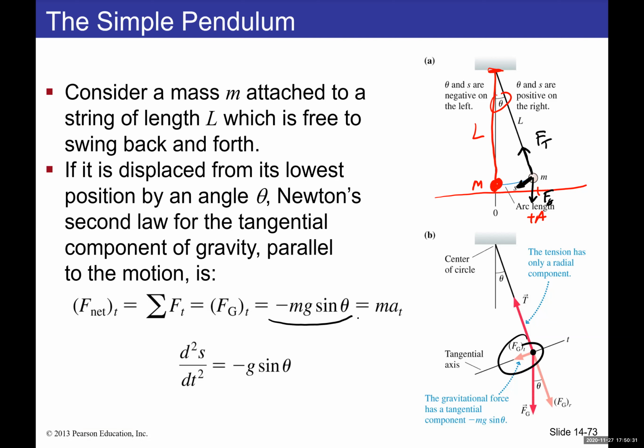So negative mg sine theta equals mass times acceleration. That's Newton's second law, which means I can assume that as the system goes back and forth, it behaves like simple harmonic motion.